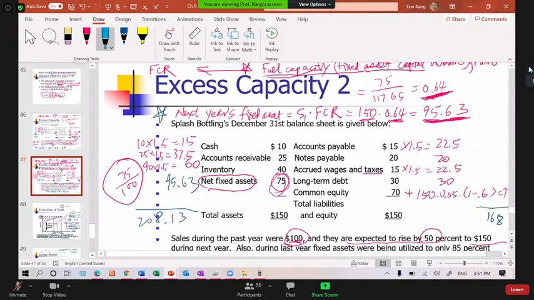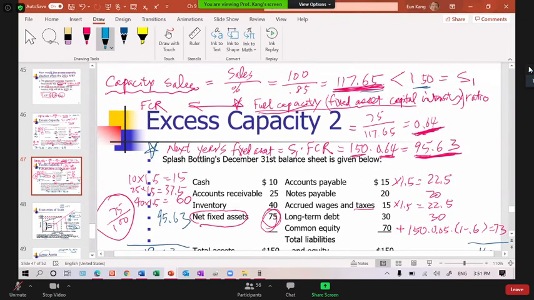Your capacity sales is 1250, right? But that is less than 1500, then we calculate the full capacity fixed asset capital intensity ratio, to make it short, full capacity ratio. So current fixed asset over capacity sales, right? That's what we did.